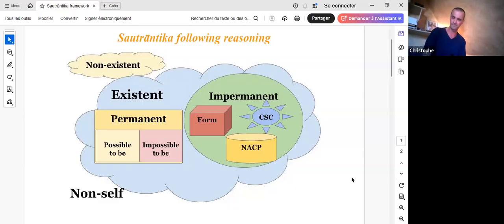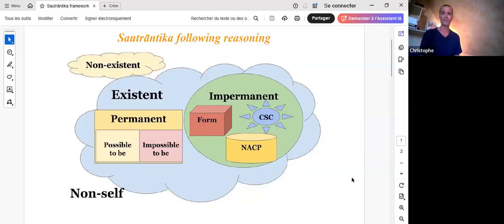Okay. So we could say it is the broadest category, selflessness or non-self here, because whether it exists or not, it has to be empty of any self of the person. In the texts they would say, whether it exists or not, it has to be empty of any self.